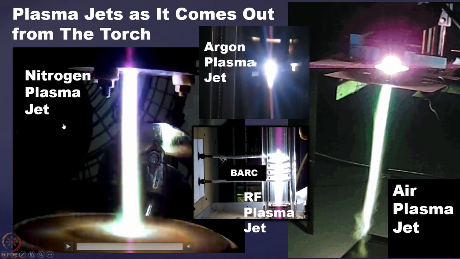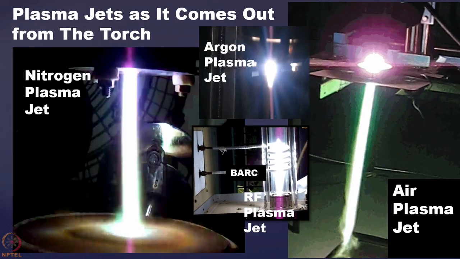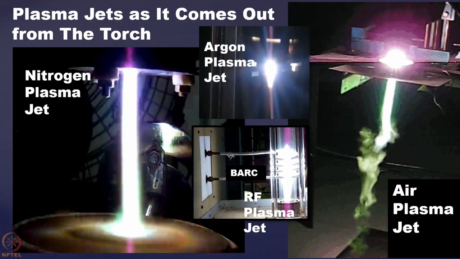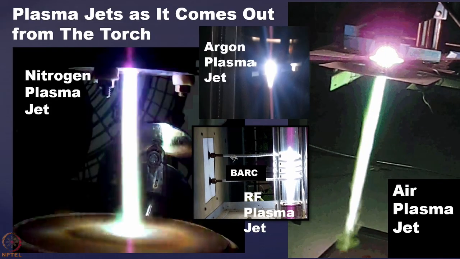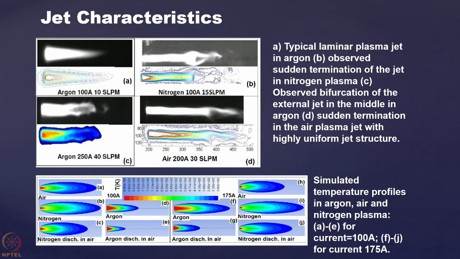There are now diagnostic tools like a high speed camera, where you can actually know what is there inside the plasma. So we will be going to that, and we'll see many interesting phenomena happening within this plasma jet.